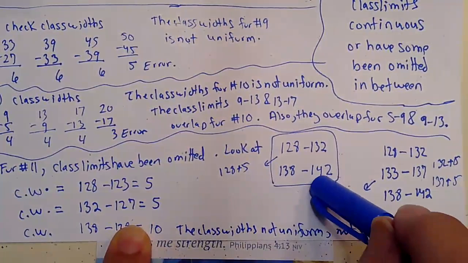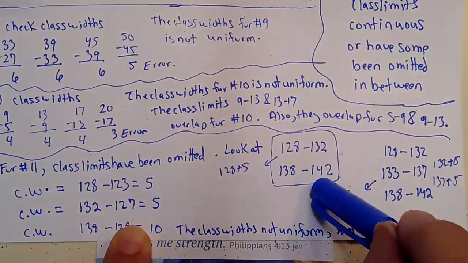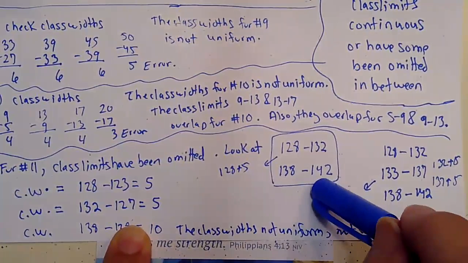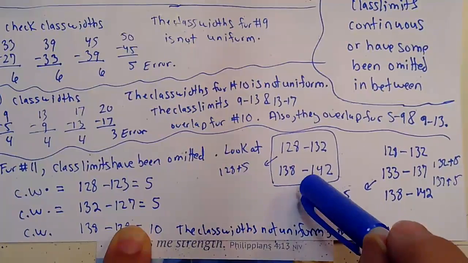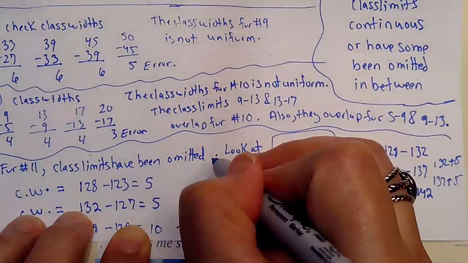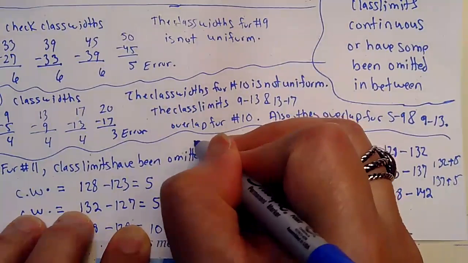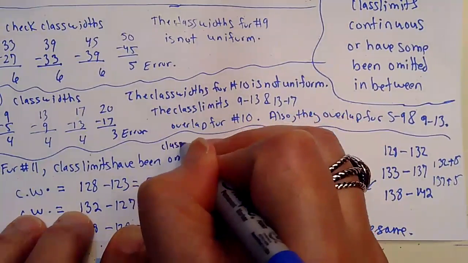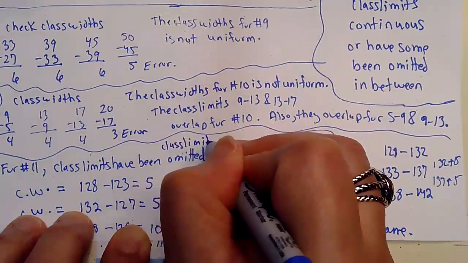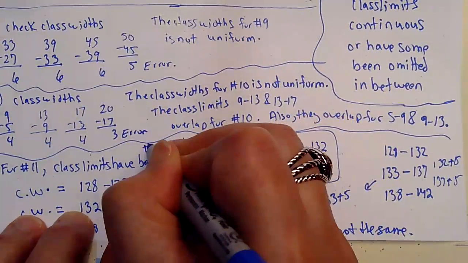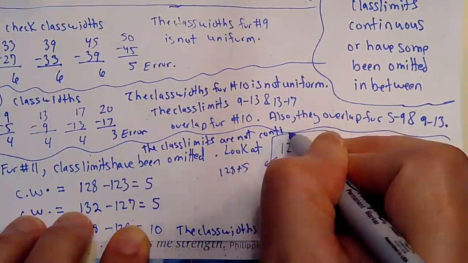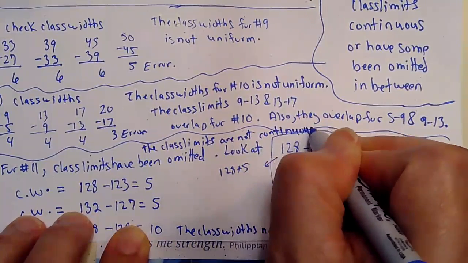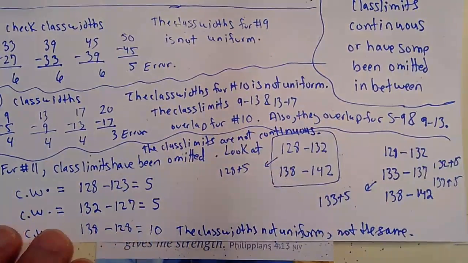Are the class limits continuous, or have some been omitted? So it's not continuous. The class limits have been omitted. The class limits are not continuous. Okay. All right.